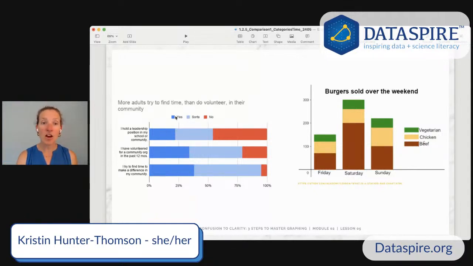We can see, of the responses, we could just look at the yeses, but it's also really helpful sometimes to see what the yes is in comparison to the sortas and the no's, so that we can see, of all respondents to this question, how are they responding? If that overall picture for all respondents is helpful, then we want this to be anchored to 100%. We want to look at the composition overall across categories, across groups.